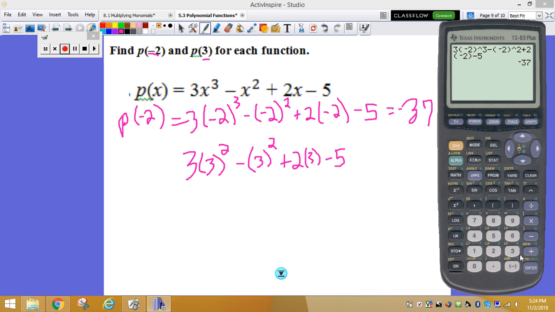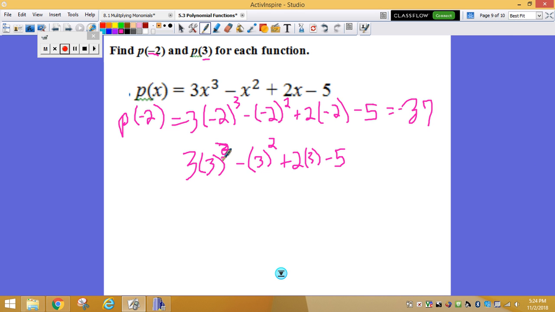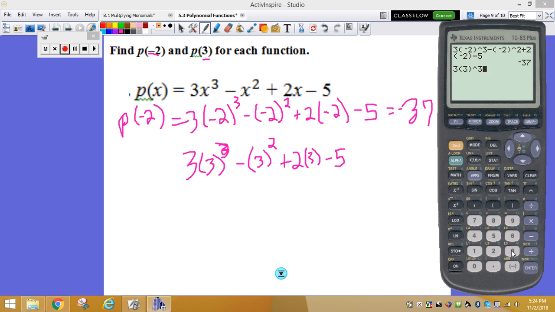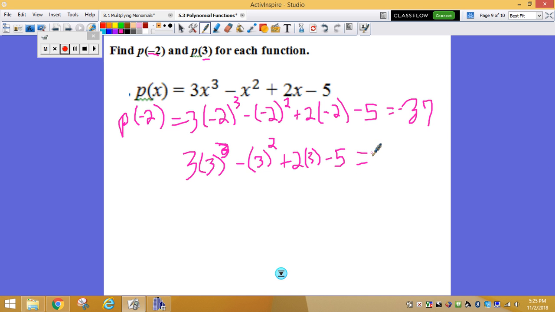And it's just an easy way to make sure, like I don't accidentally type in 33 instead of 3 times 3 to the, well, that should be a 3. It's good. I would do that if I were you. I would always put whatever I'm plugging in parentheses. And then plus 2 to the third minus 5. And I get 73.